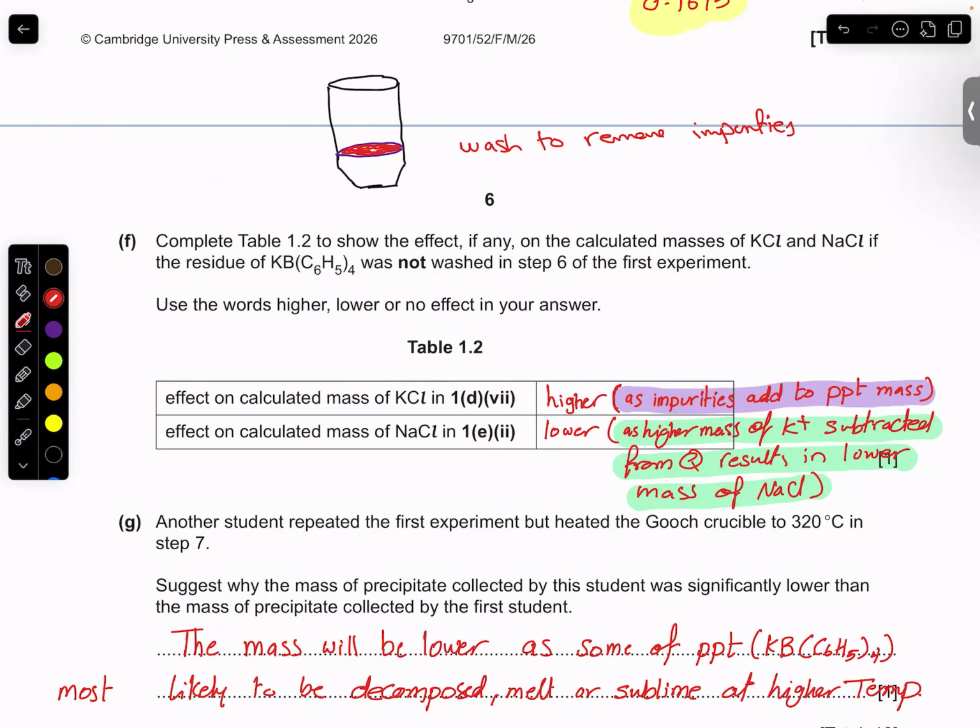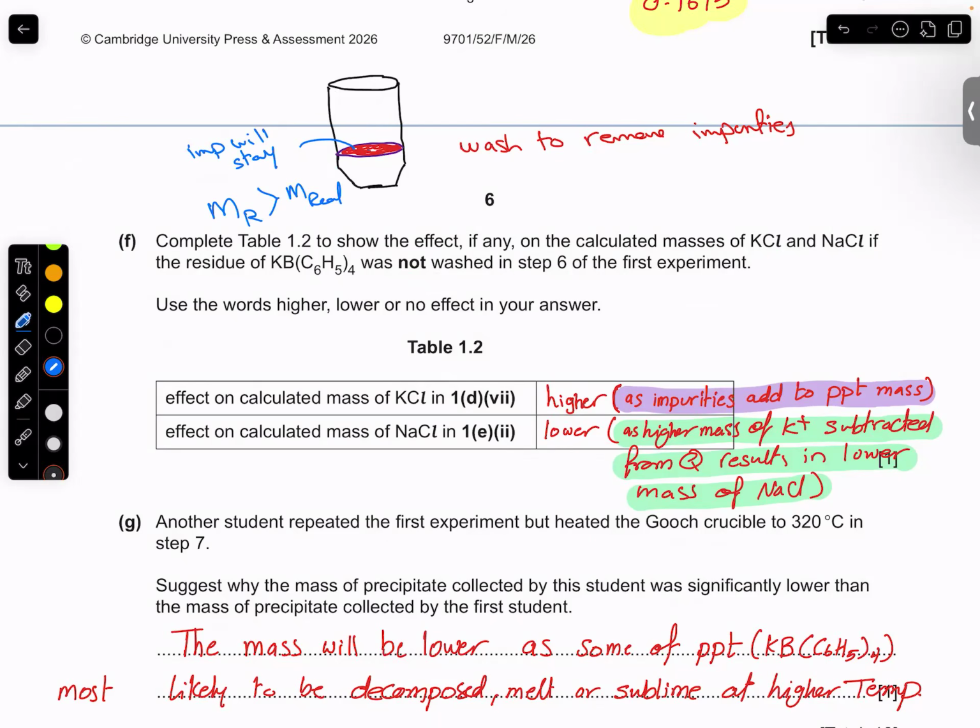So if we don't wash, the impurities in this sample will stay. That makes the mass of the residue that contains K greater than the real mass.